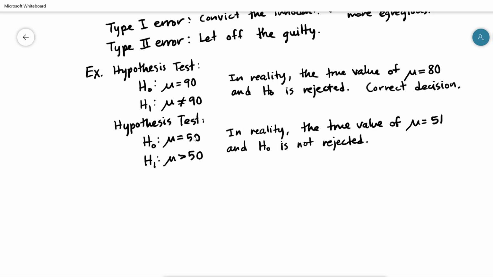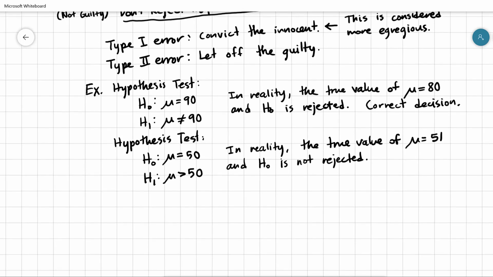We just need to figure out which one it is. The idea is H naught wasn't true. They were actually guilty, but we rendered a verdict of innocent. So this was the same as basically letting off somebody that was actually guilty. And that is, as we can see up here at the top, our type 2 error. So this is a type 2 error.